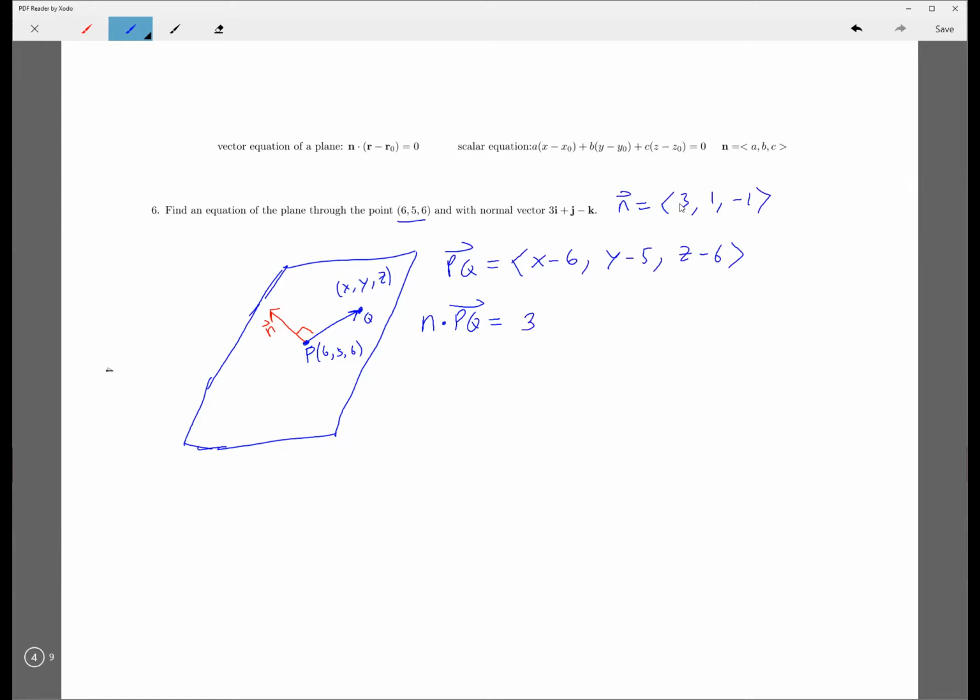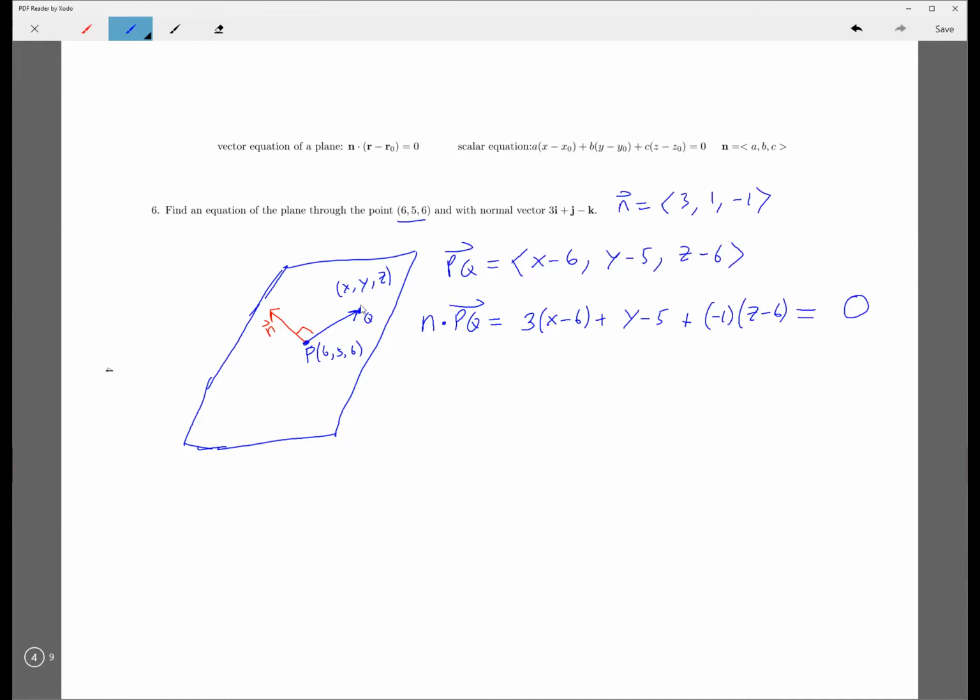That's going to be 3 times the first one, plus 1 times the second one, plus negative 1 times the third one. And that's going to be 0, because these are perpendicular.